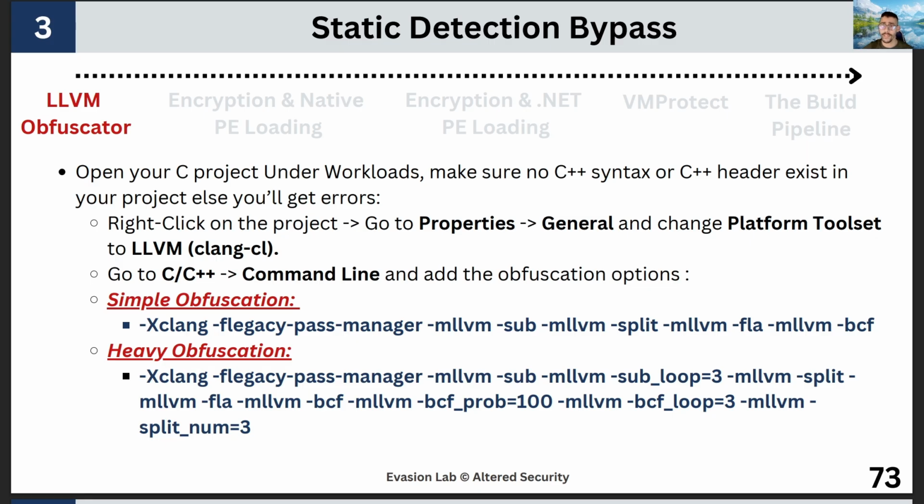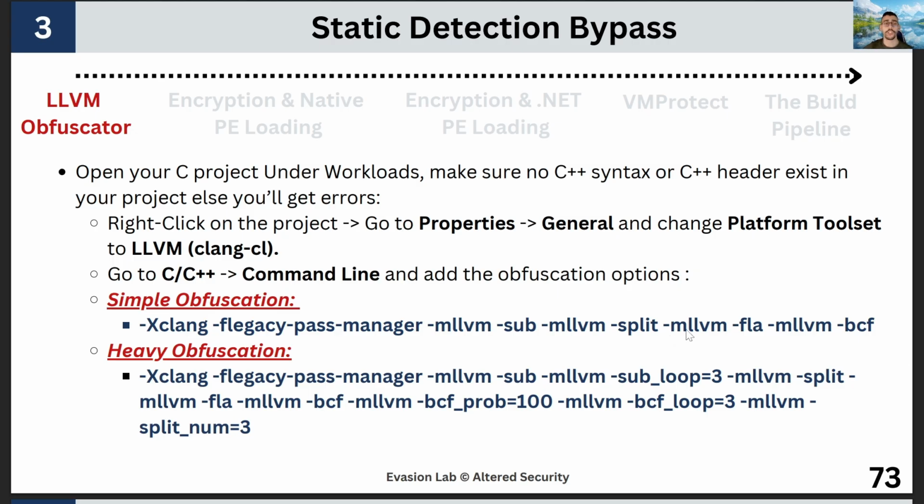It replaces simple instructions with more complex equivalents, making the code harder to analyze. The flag -mllvm -split refers to control flow splitting. It splits basic blocks into multiple smaller blocks by including multiple conditional jumps, increasing control flow complexity.